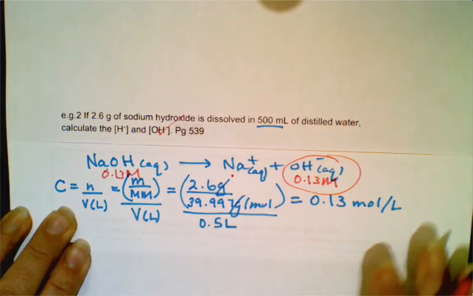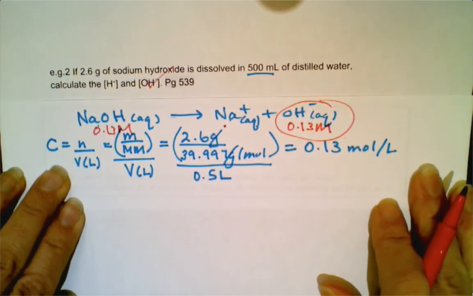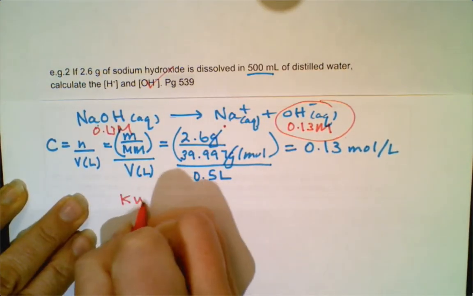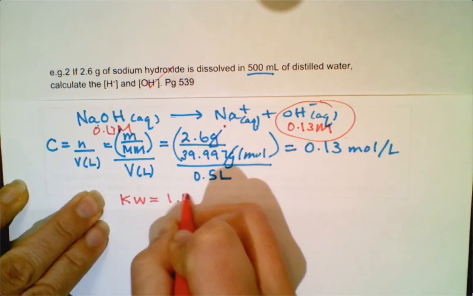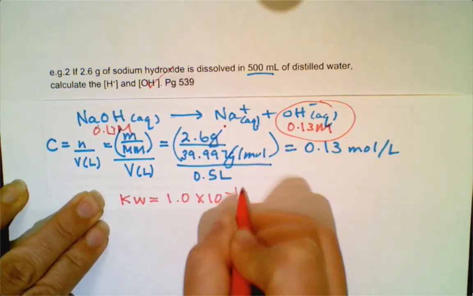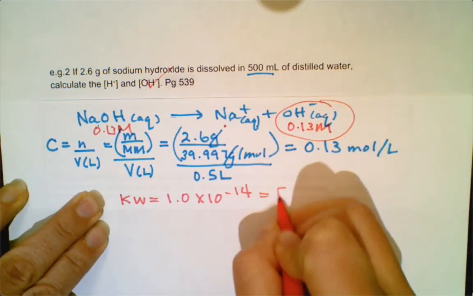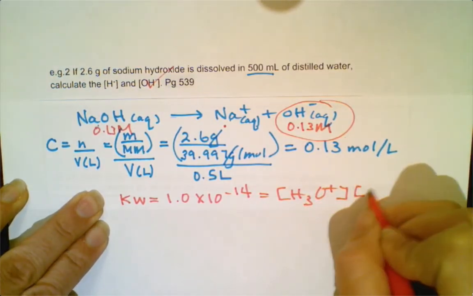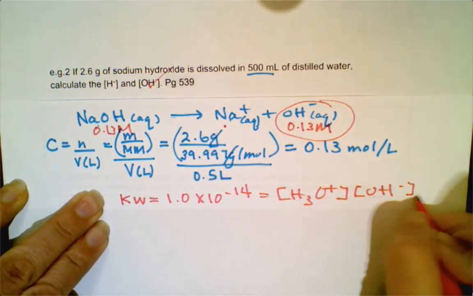We're going to use the ion constant for water. So knowing the relationship, Kw is equal to 1.0 times 10 to the negative 14, which is equal to the hydronium ion concentration times the hydroxide ion concentration.